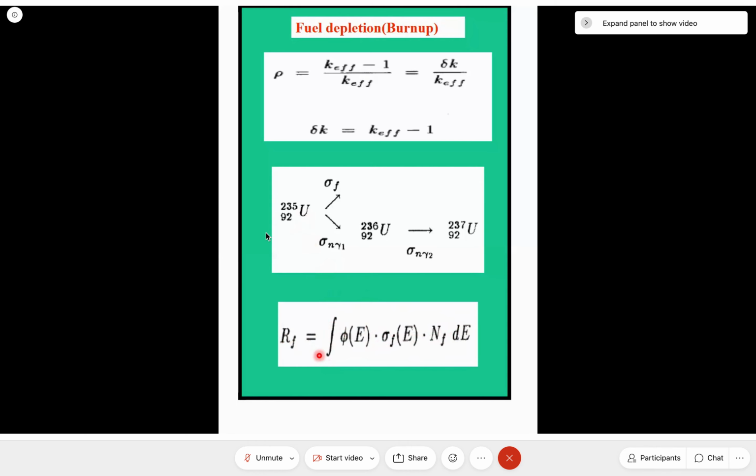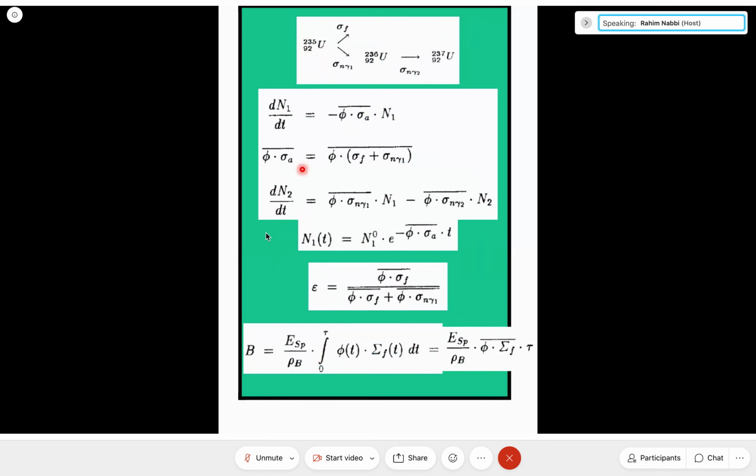But now, again, the same equation. Now, how can we determine the individual solution? First, uranium-235. Remember, we designate it, we call it N1, because this is the initial nuclide.